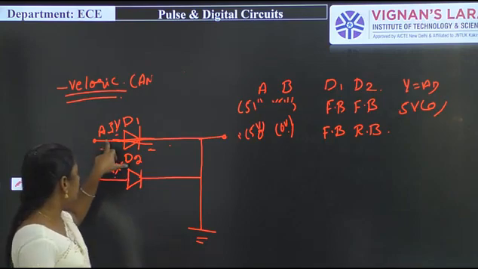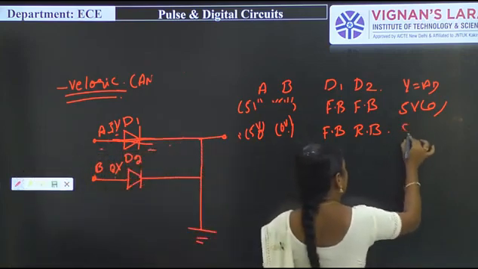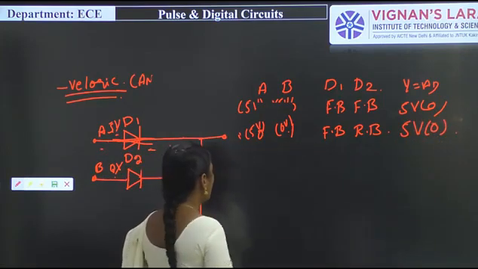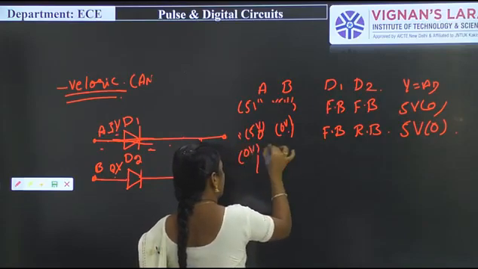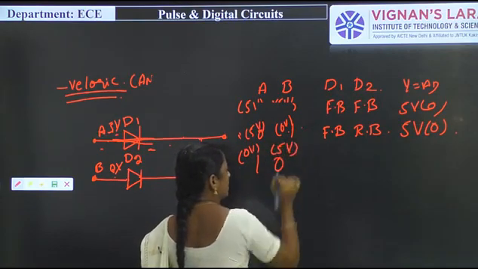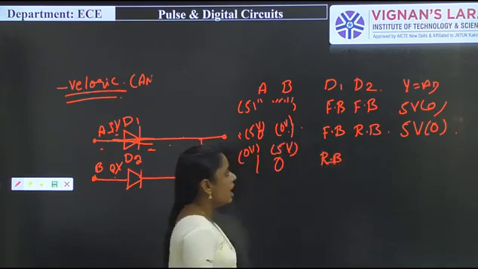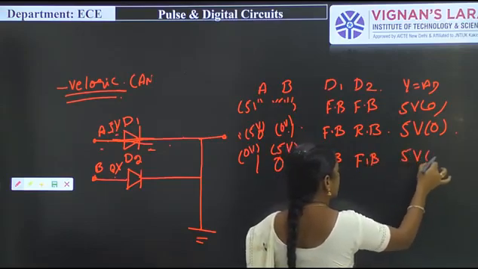So there is a path for the input signal to reach the output side, that is why the output will be 5 volts. Simply it can be represented with logic 0. Again I am applying 1 and 0, that is 0 volts and 5 volts. This is the reverse of the previous condition. So D1 is reverse biased and D2 will be forward biased. The output will be 5 volts, that is logic 0.